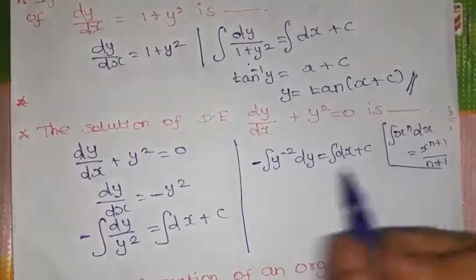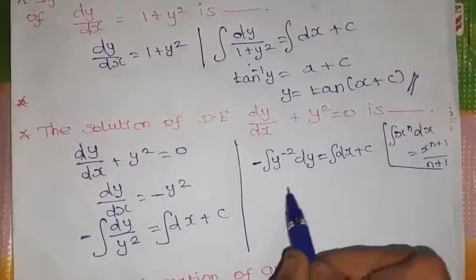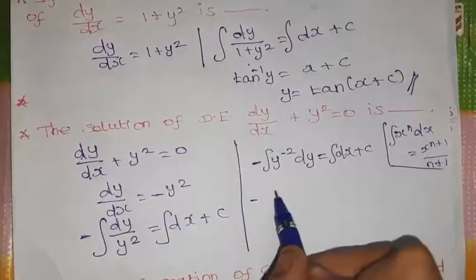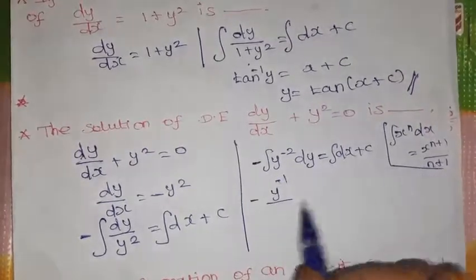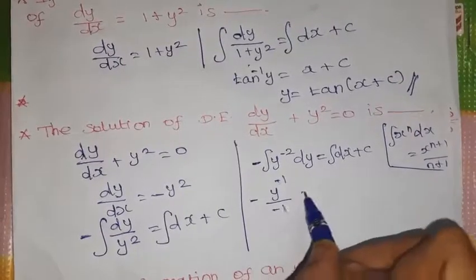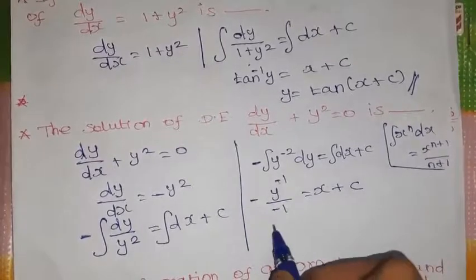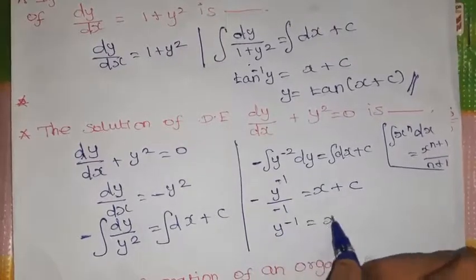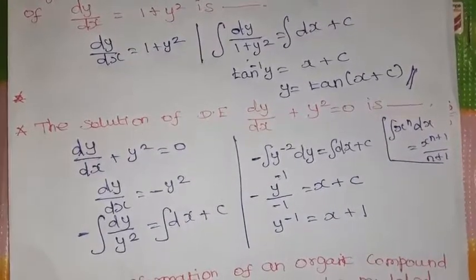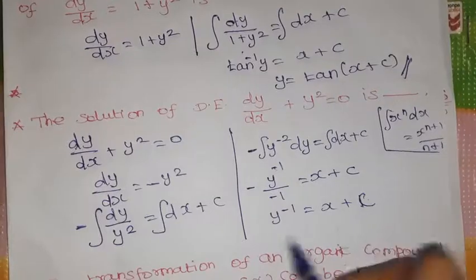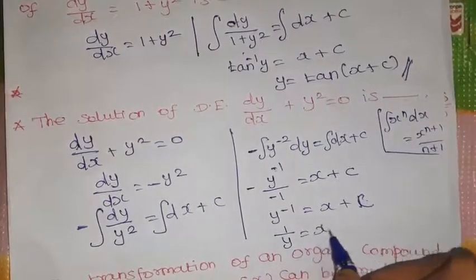Then y^(-2+1) divided by (-2+1) gives y^(-1)/(-1) = x + c. The minus and minus get cancelled, so y^(-1) = x + c. So 1/y = x + c.